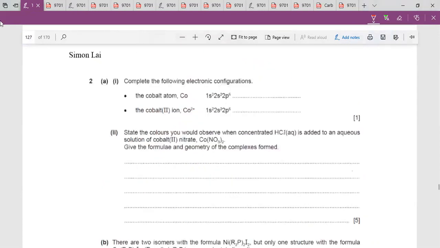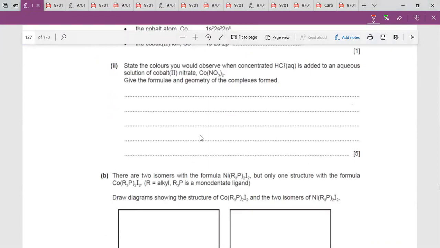Okay, cobalt. Right, now here, state the colors you observe when concentrated HCl is added. Very simple. See, state the colors, they will underline. Okay, concentrated HCl added to aqueous solution of cobalt nitrate. Of course, remember, all nitrates are soluble, so you must know your solubility rules.